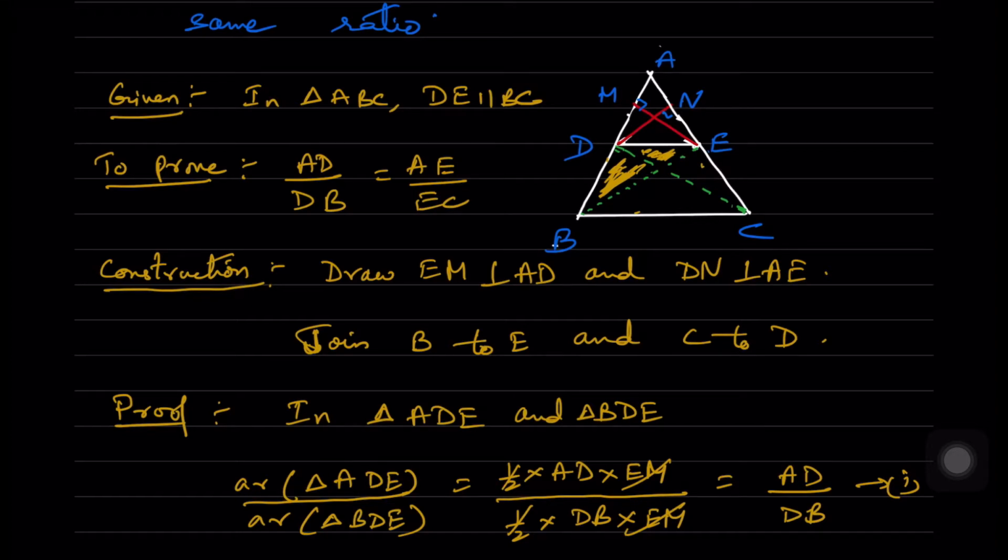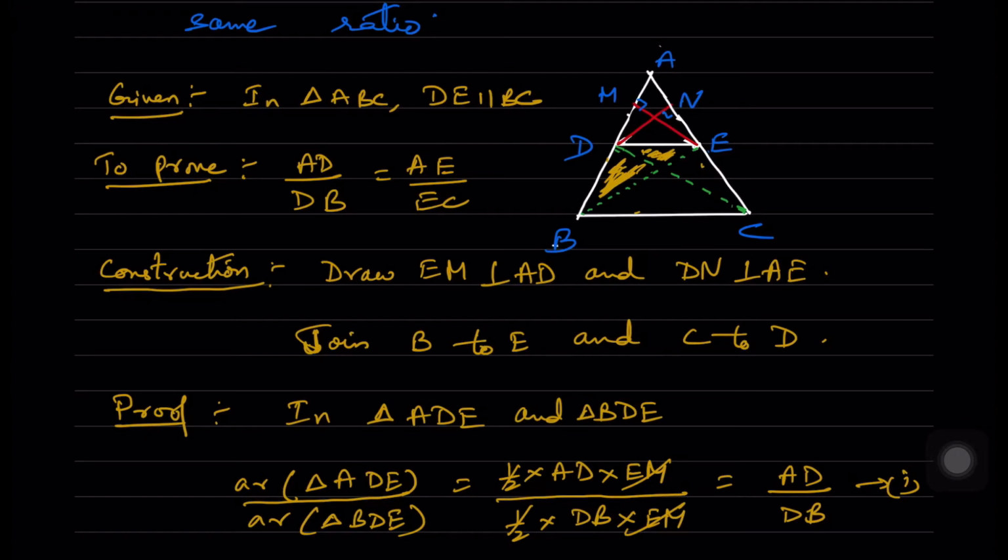So now draw EM perpendicular to AD and also DN perpendicular to AE. Now join B to E and then join C to D. We are doing this construction part. Now when AD is the base for triangle ADE, ME is the height.